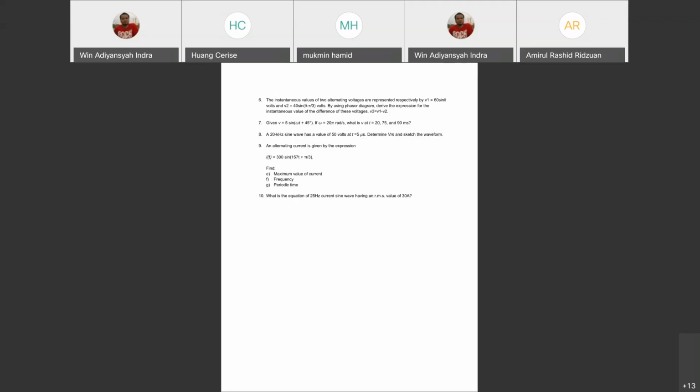You need to find the difference, V1 minus V2. If you still recall our slide last time on phasors, we combined V1 plus V2, but now we have to subtract V2 from V1.